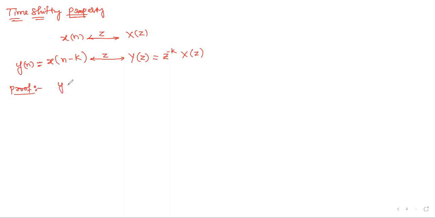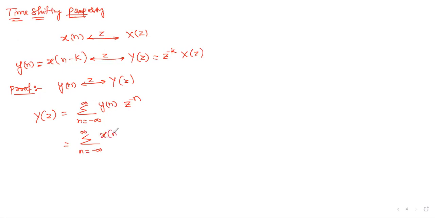Proof. y of n Z transform is y of z. What is y of z? It is equal to summation n equal to minus infinity to infinity y of n z power minus n. Now what is y of n? x of n minus k, z power minus n.